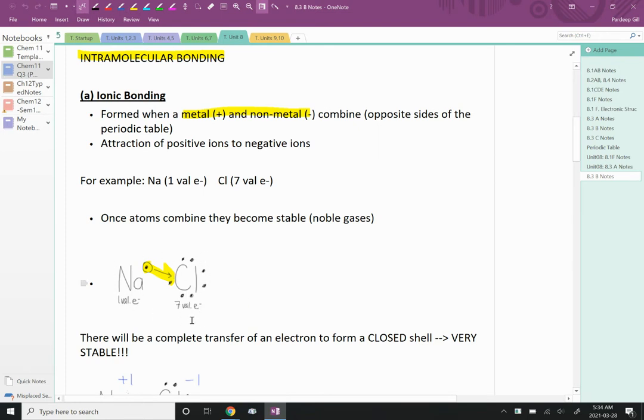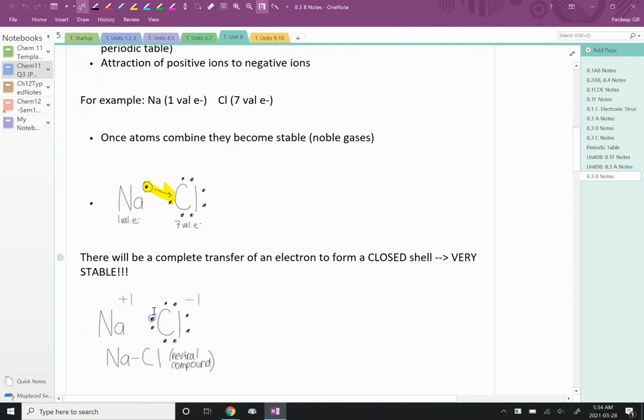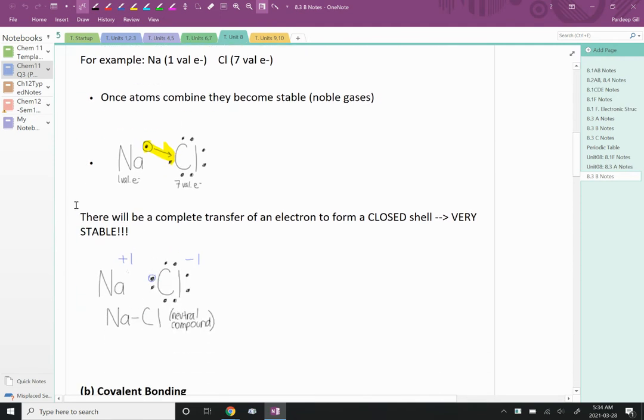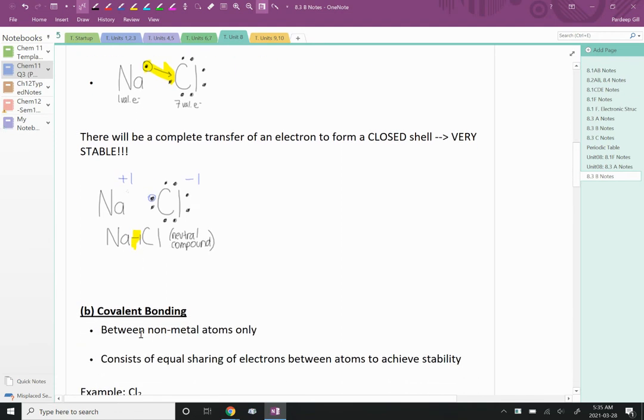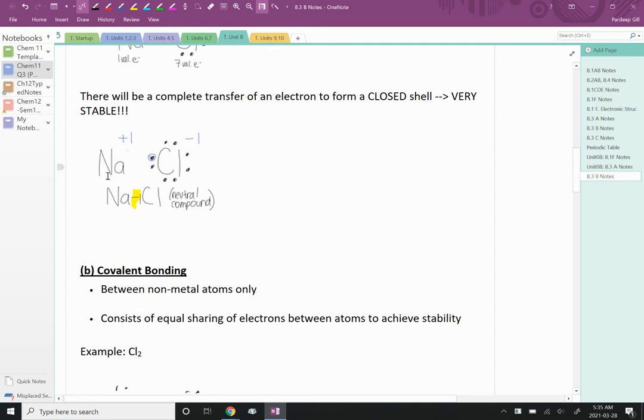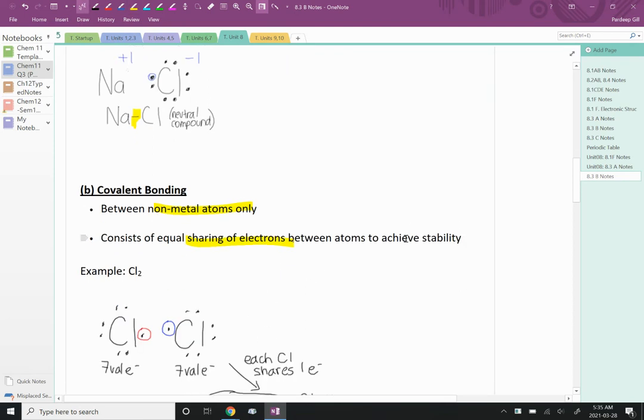So here is the reaction right there. It's this region of space that we're referring to that is the intramolecular bond. So this is the ionic bond, and it's intramolecular. Now, covalent bonding is between non-metals only, and it's when electrons are shared to become stable.